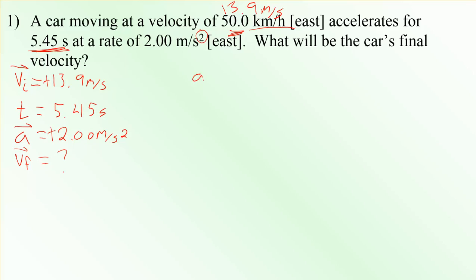It's going to be our acceleration is equal to change in velocity over change in time. And it's not quite looking exactly the same because there's this triangle or delta. This just means change in velocity.